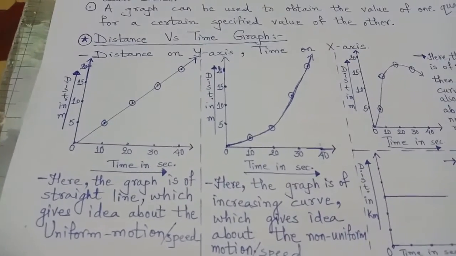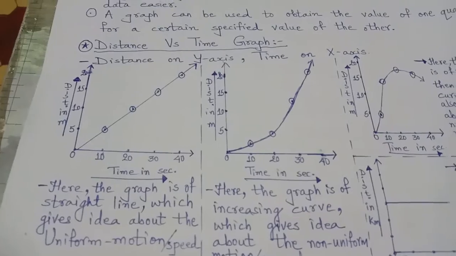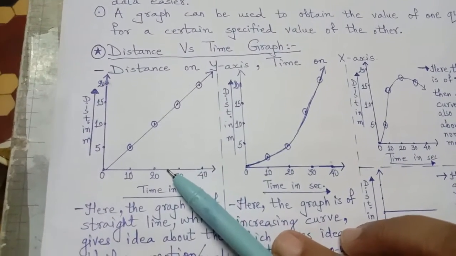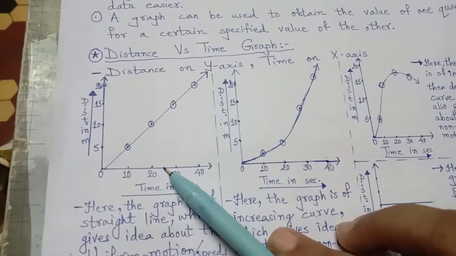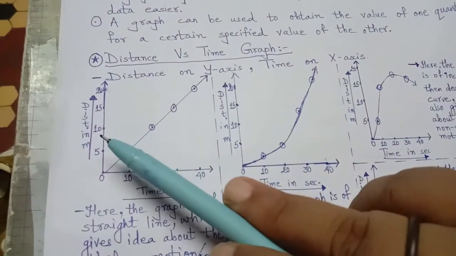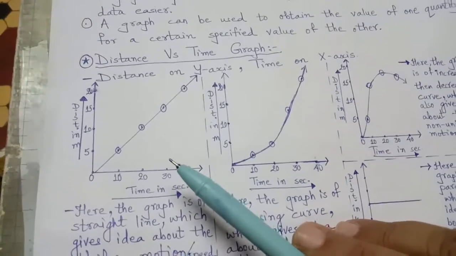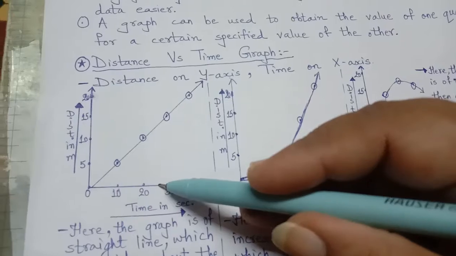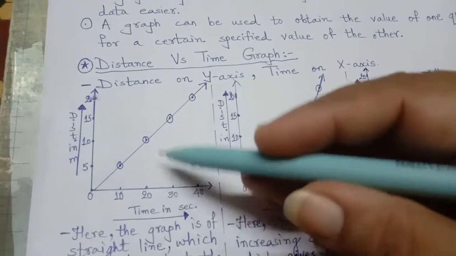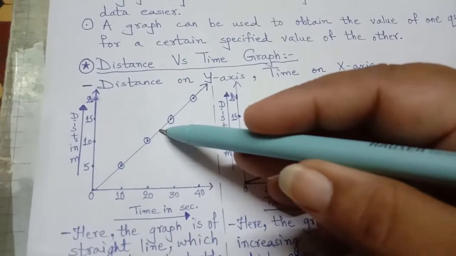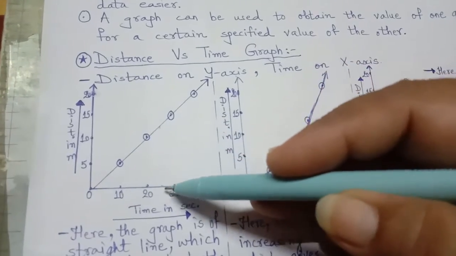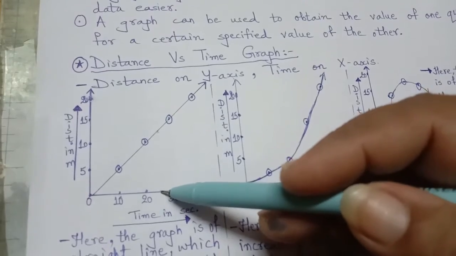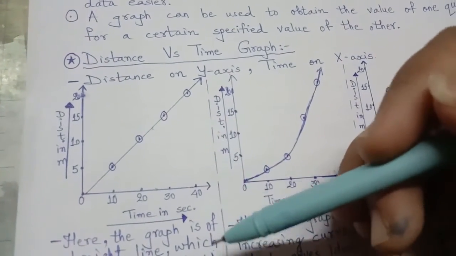If I want to know where the object would be at 25 seconds, what should I do? I should take a ruler and make a vertical line parallel to the y-axis, coinciding at x equal to 25 seconds.